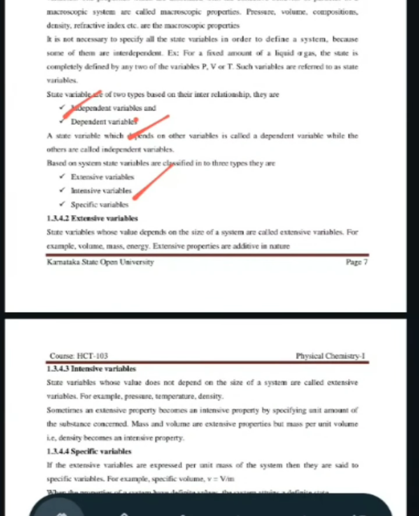Extensive variables are volume, mass, energy. So mass and volume are extensive variables, whereas density becomes an intensive variable. Intensive variables are only with respect to density.